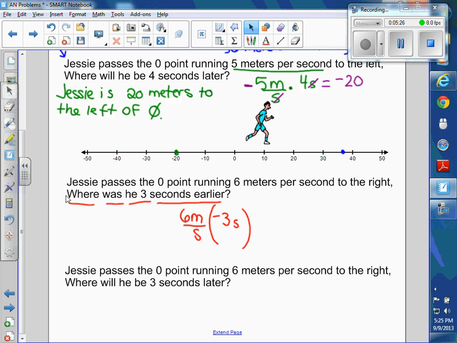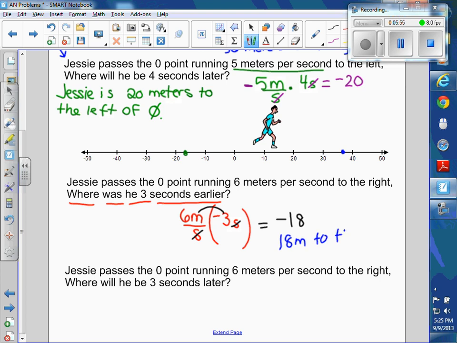So we still have seconds canceling, but we have 6 times 3 is 18, but our final answer is -18 because 3 seconds ago, if you look at the picture, he's crossed 0, so before he must have been at -18 on the number line, or 18 meters to the left of 0.